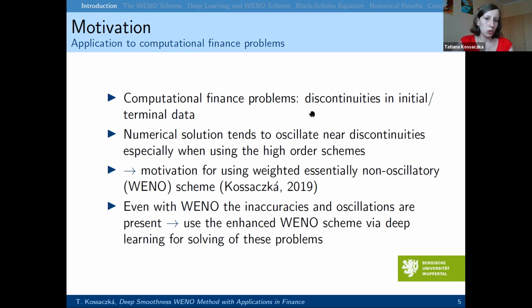So the numerical solution tends to oscillate near these discontinuities, especially when we use high order schemes. That is what motivated us to use this weighted essentially non-oscillatory method for solving computational finance problems. This was the topic of my master thesis, and now I also want to use this deep learning based WENO method to solve these computational finance problems.